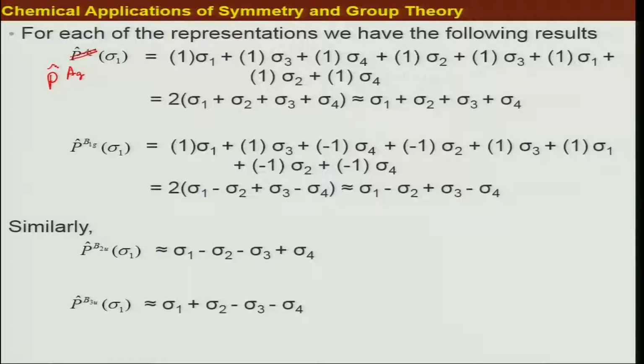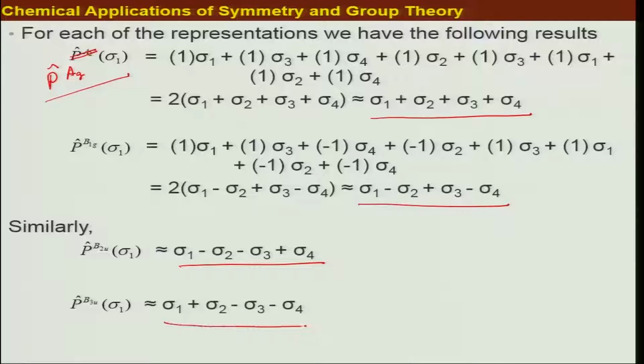So let's first operate P Ag on sigma 1. By now you know how to operate P. Here we are using the incomplete projection operator in terms of the characters. After doing that, we get this result. When I do the same thing for B1g, I get this result, and for B2u this, and for B3u this. Now you see what we are getting essentially.